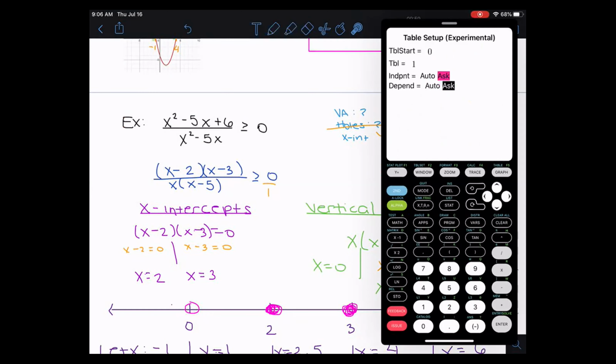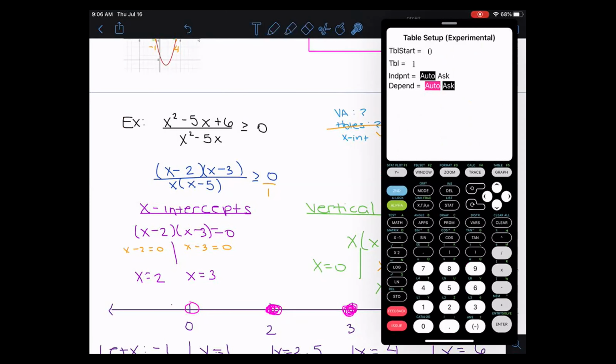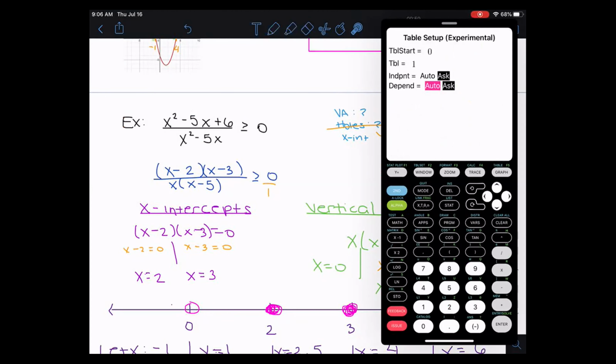Give me 1 minute. It's different on this calculator, actually. Once you go to dependent, it should have given you the option to set up x values.